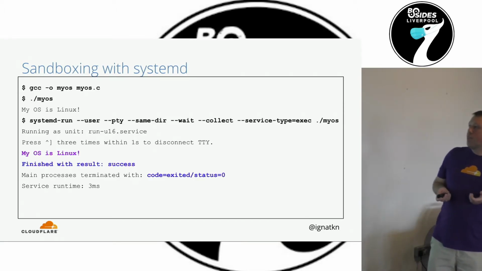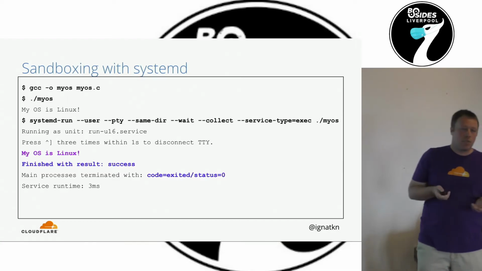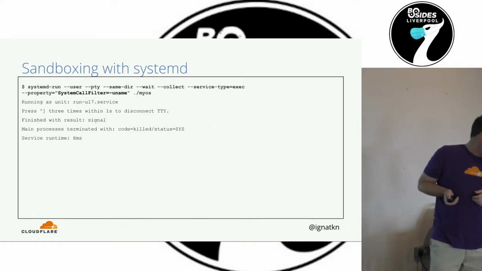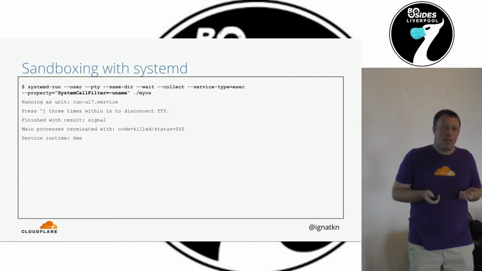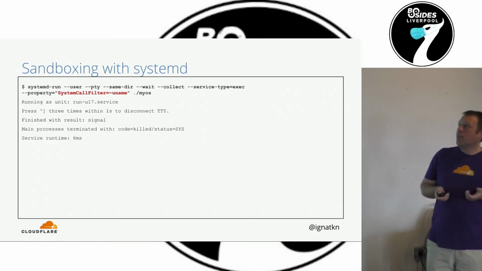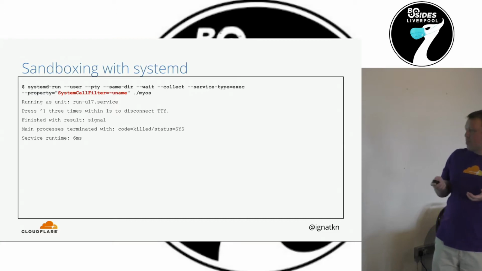We see that it runs fine, we see the expected output, and we see that it exits successfully with exit code 0. Now we can actually sandbox it with systemd, so we will add this directive and prohibit this application from using the uname system call, and we'll see that it will be killed by the system, right, with a signal.